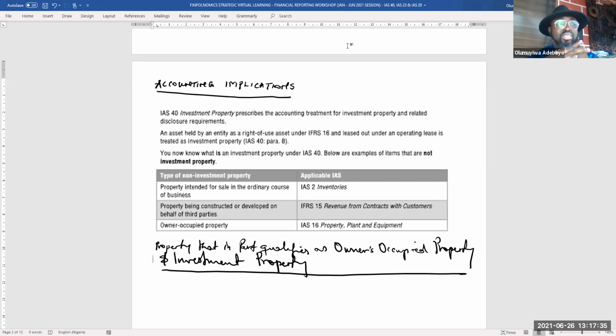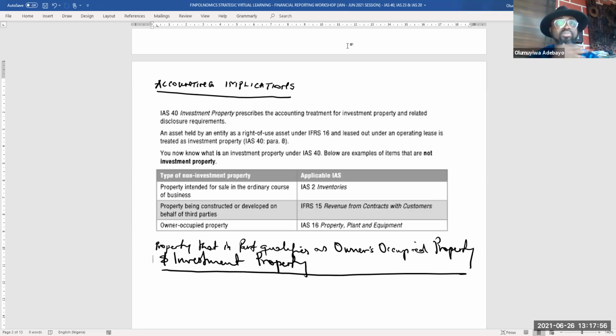One of those conditions is that, by nature, is it practicable for the owner to be able to sell the other parts separately from the other parts, whether as land or as building?